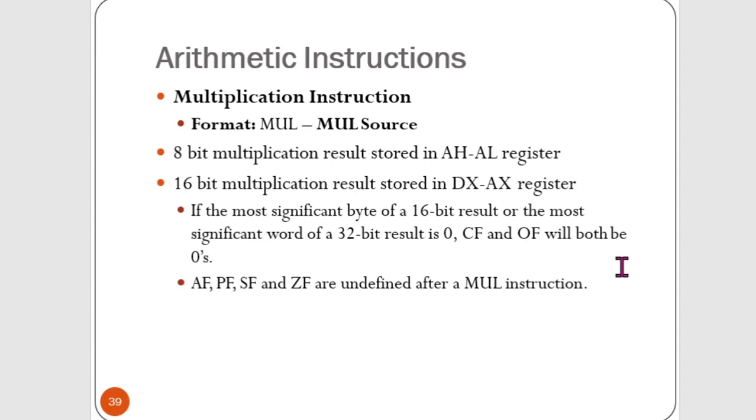Then the other operand is always by default the AX register. The AX register is a fixed operand. The other register you can choose, what you want to multiply. Depending on the size, whether you perform 8-bit or 16-bit multiplication, the result will be saved accordingly in a fixed location like AH AL or DX AX as shown here.